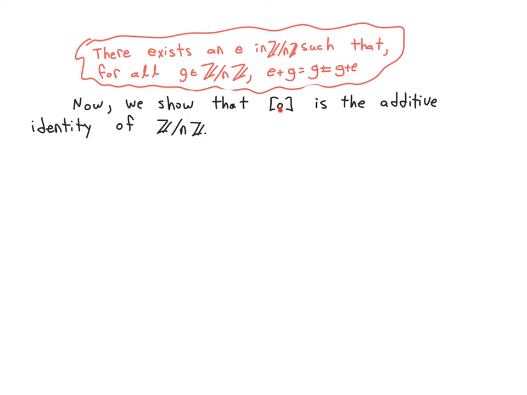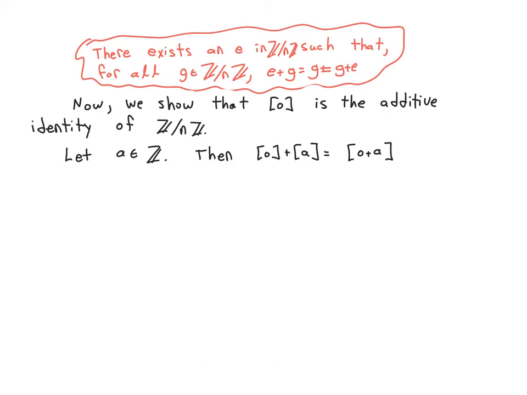So what is left to do? Well, we're claiming that this is the correct element. So what do we have to show? We have to show it has the right property, which means we need to take an arbitrary group element and show this calculation works. So let A be an arbitrary integer, because an arbitrary equivalence class is the equivalence class of an arbitrary integer.